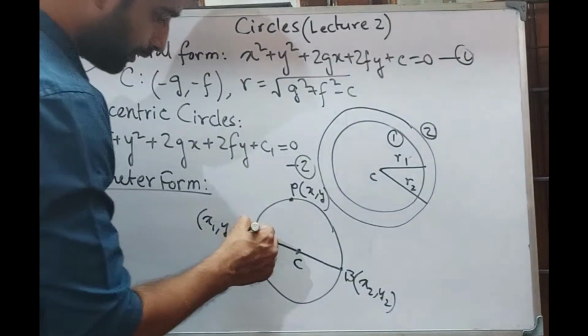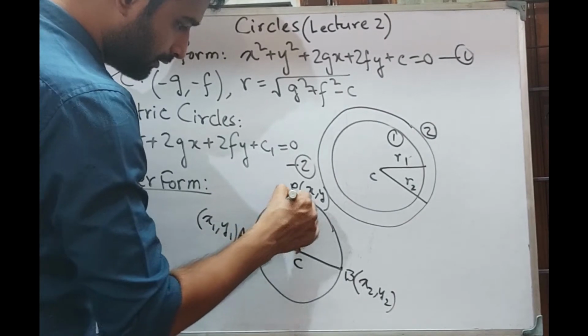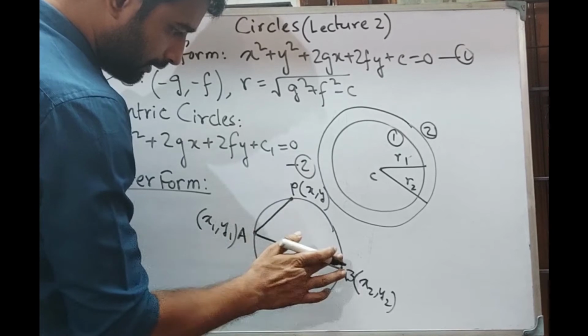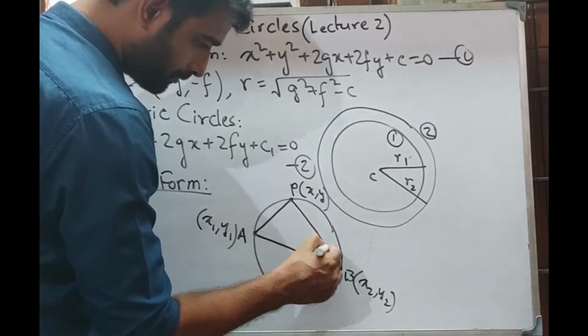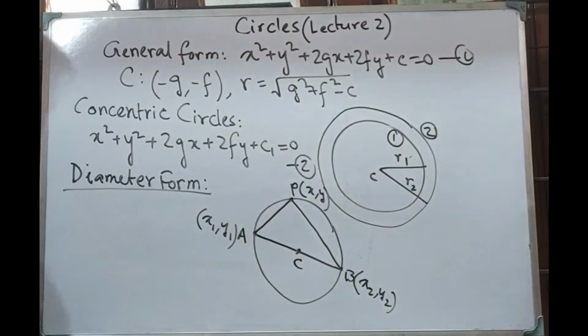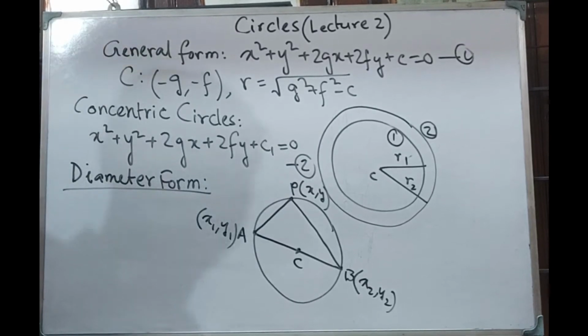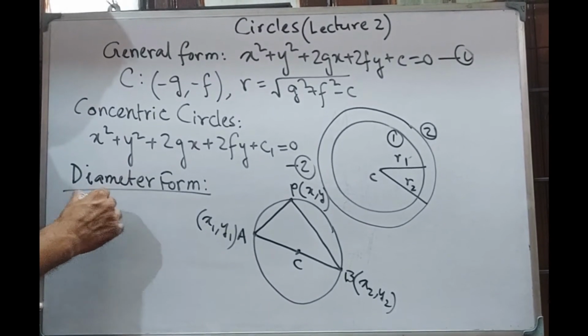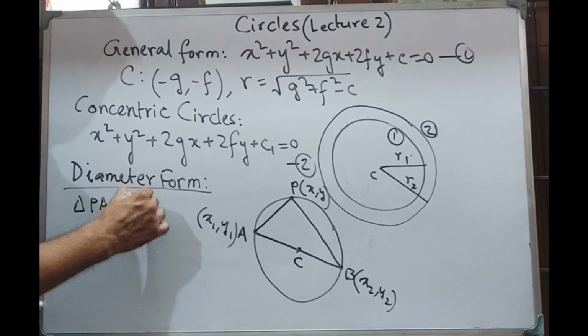So our task is to join these 3 points here, P, A and B, and we will use a standard theorem that every triangle based on the diameter is a right angle triangle. Since AB is the diameter here, the triangle PAB is a right angle triangle.